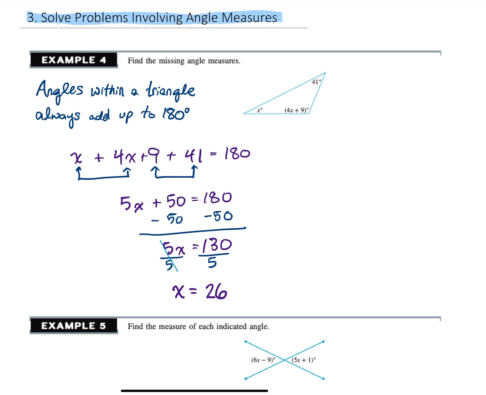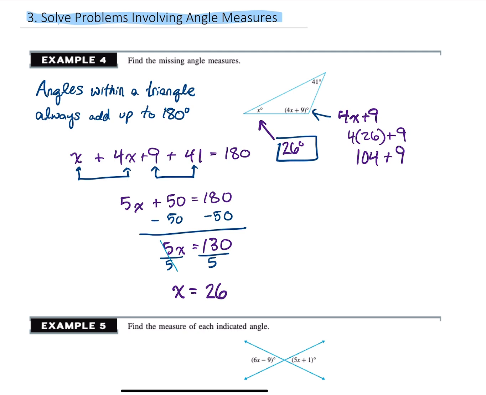So now we need to plug this in to x in our two angles here. Well, this one is just x itself. So this angle is 26 degrees. And then this angle, 4x plus 9, let's just plug in 26 for x. So 4x plus 9, we would say 4 times 26 plus 9. 4 times 26 is 104.